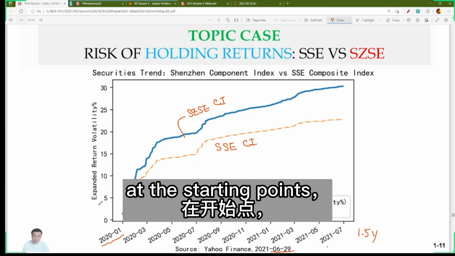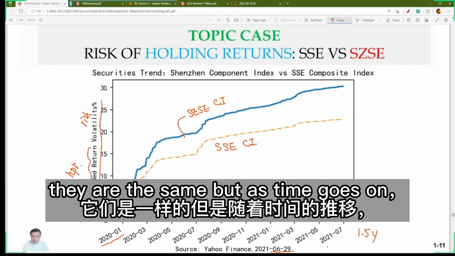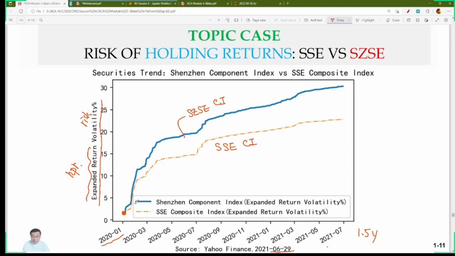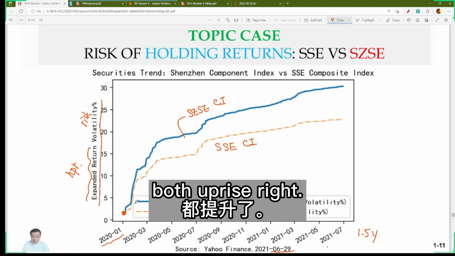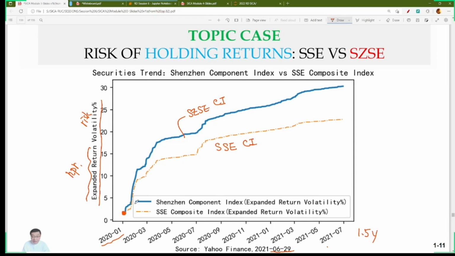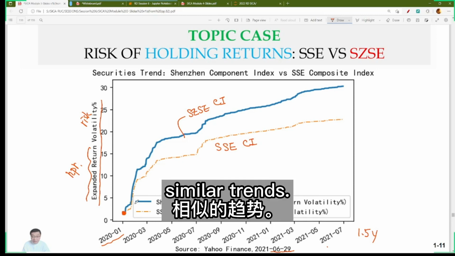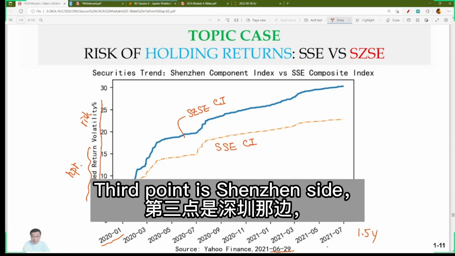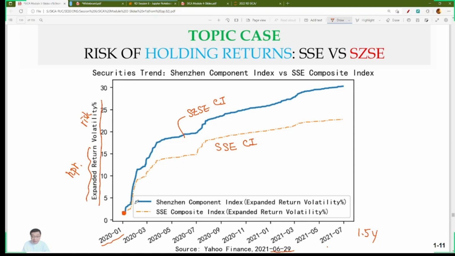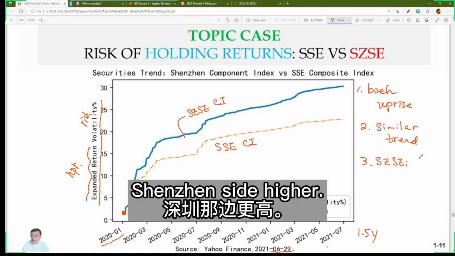At the starting points, they are the same, but as time goes on, at the first point, both rise. Second point, similar trends. Third point, Shenzhen side is higher.